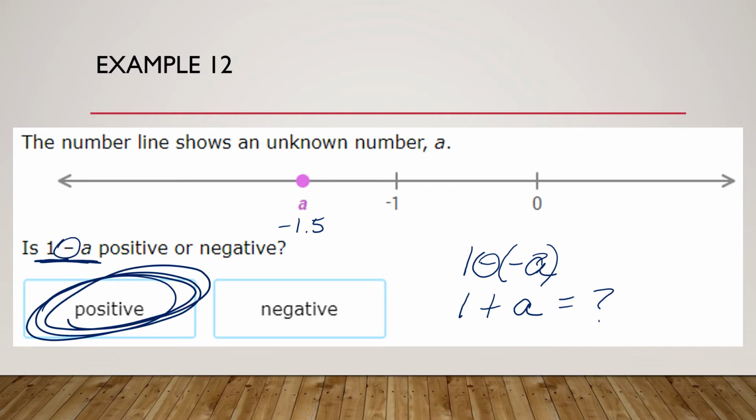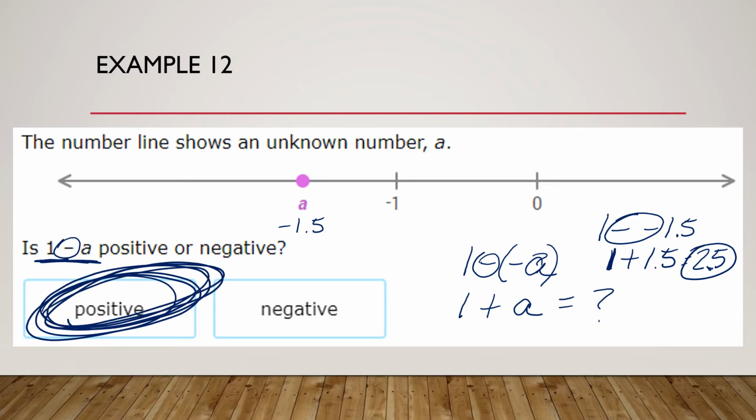Again, we had 1 minus negative, and let's just say that was 1.5. We don't know for sure that it was, but it's somewhere close to that. Then these two signs would be changing to a positive, so that would be 1 plus 1.5, which in that case would give us 2.5. So again, that 2.5, assuming that was it, and that's just an estimate, would still give us this positive integer.